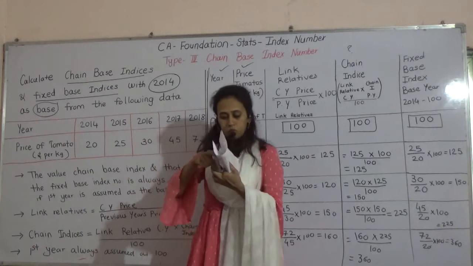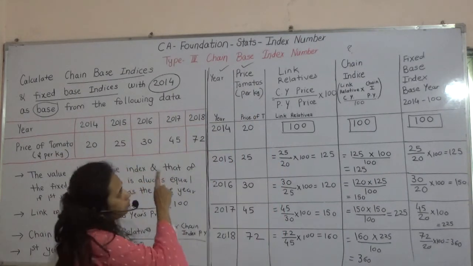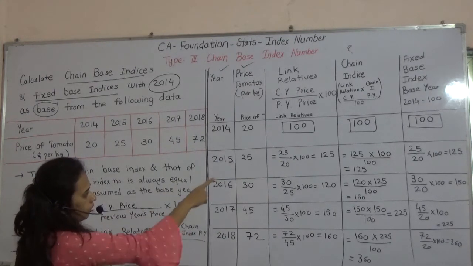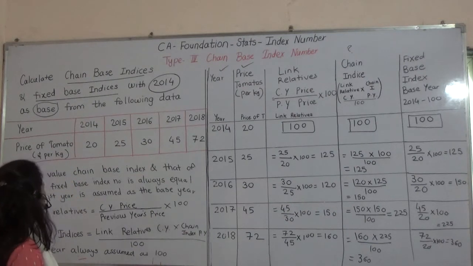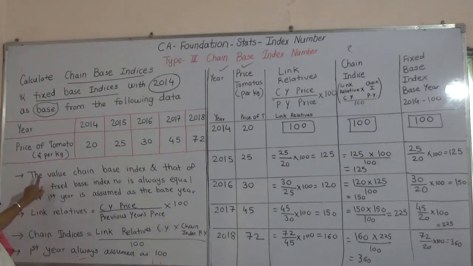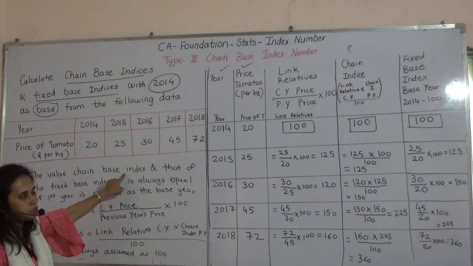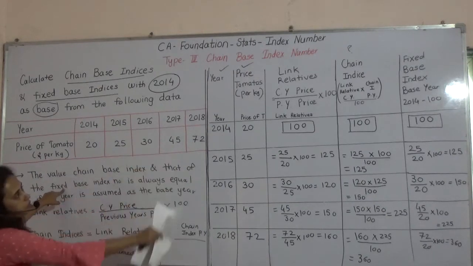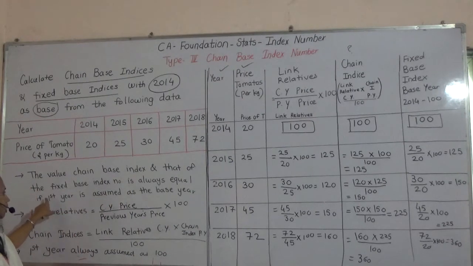Now students, if you notice here, in chain indices and fixed base indices, whatever values you are getting, both are the same. Why are they coming the same? Because the rule says that the chain base index and the fixed base index are always equal.